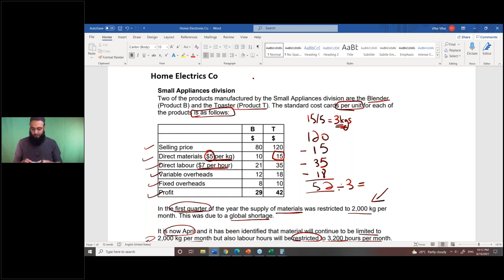Let's see what figure I'm getting here. 52 divided by 3 gives an answer of 17.3333. So it's 17.33.